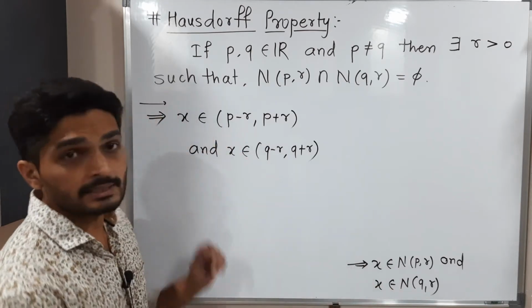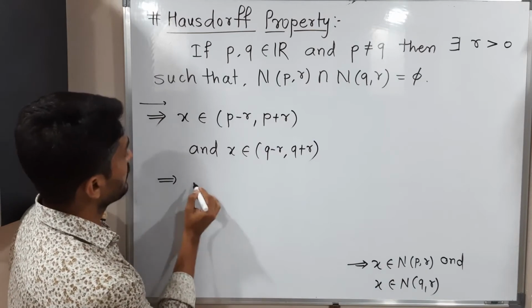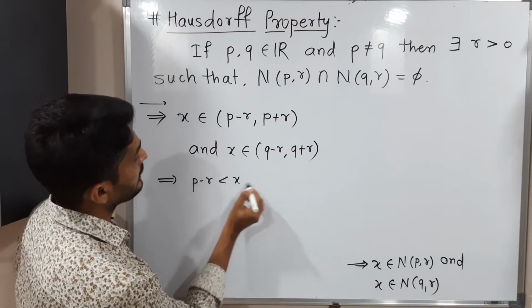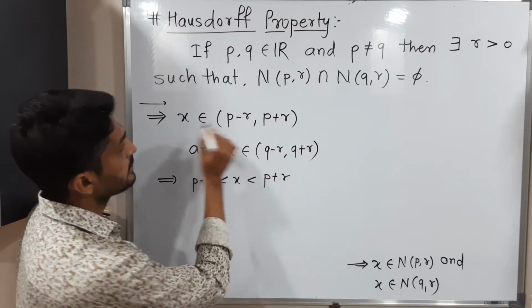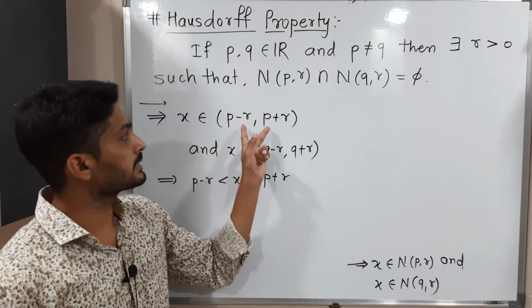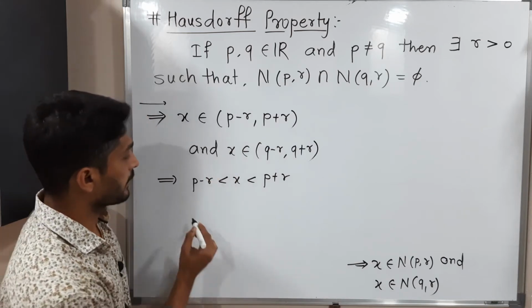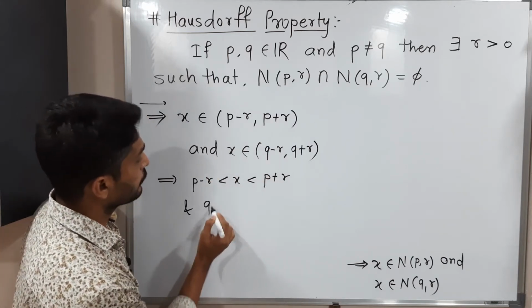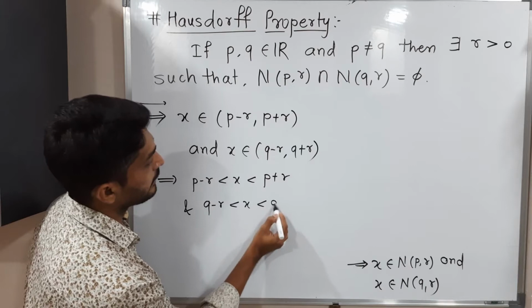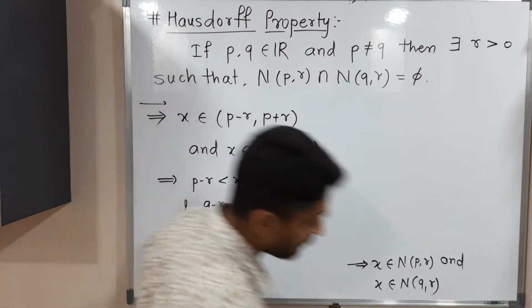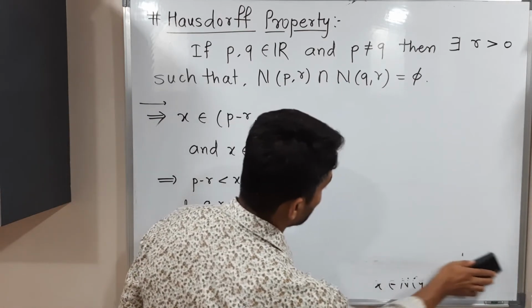So x lies in this interval. It means p minus r is less than x less than p plus r. It lies in this interval, that means x is between its endpoints. So here also I can write q minus r less than x less than q plus r. Let me remove this part, it is not required now.